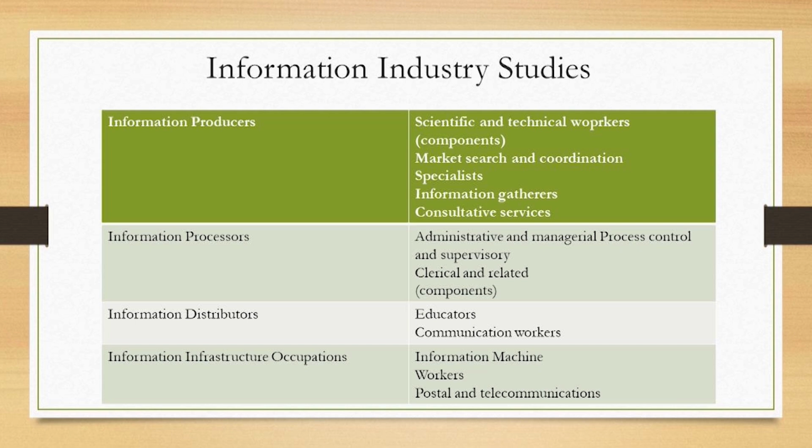In the case of information producers, in this category fall scientific and technical suppliers, market research and coordination specialists, information gatherers, cumulative services, consultative services, etc. In information processors, we find administrative and managerial, process control and supervisory, clerical, and related components.